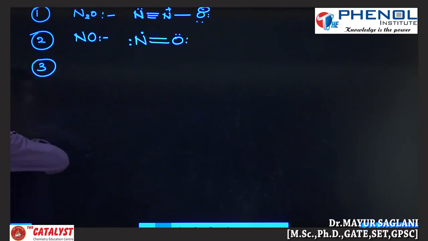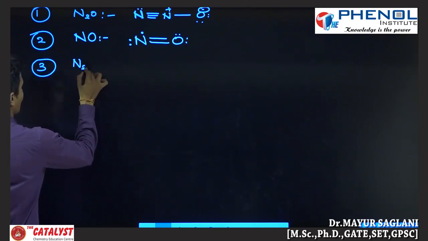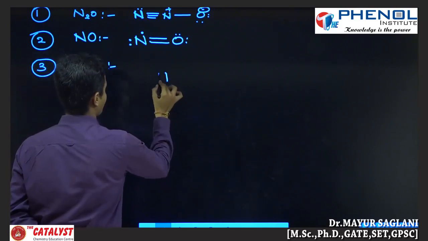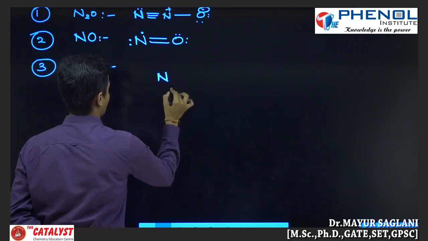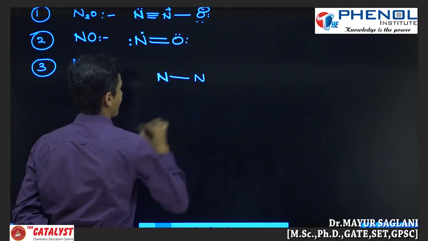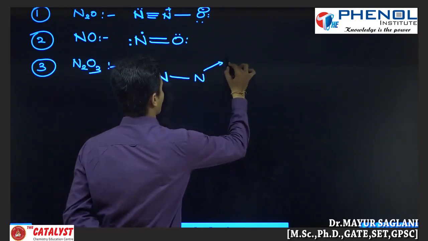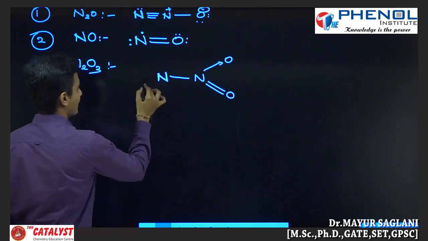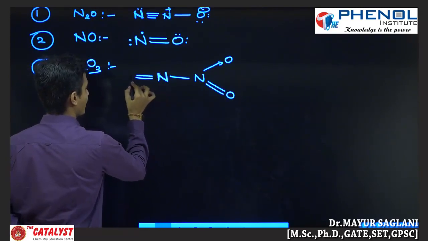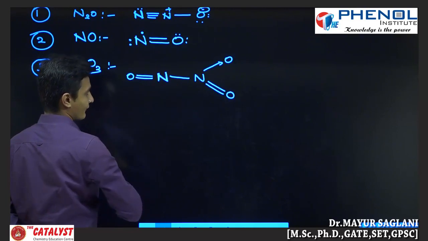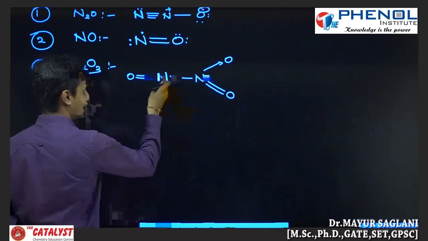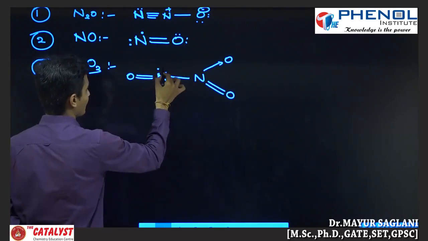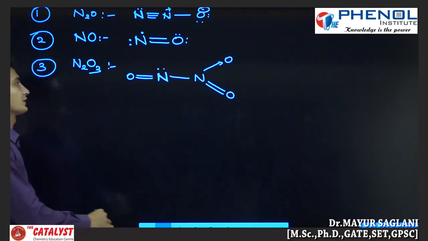Third, you can write N2O3. The structure for N2O3 is N single bond N, there will be one covalent coordinate bond O, double bond O, and here there will only be a double bond O. It could be a downside, it could be a upside, and there will be a lone pair on the nitrogen atom.